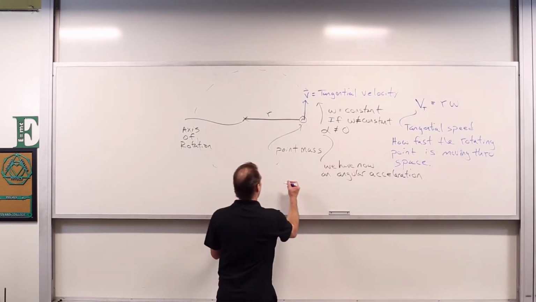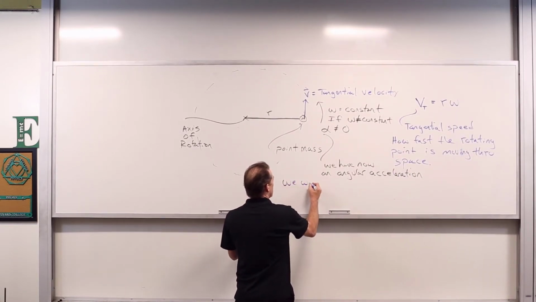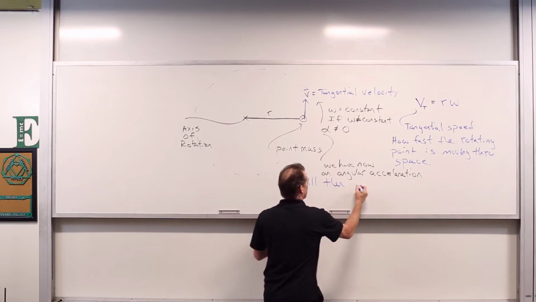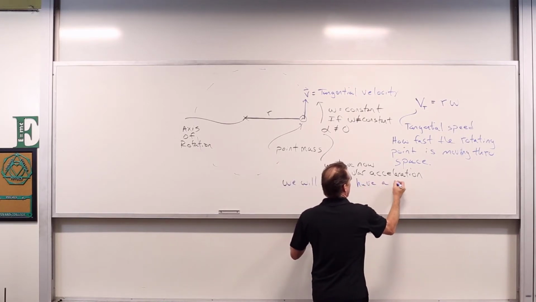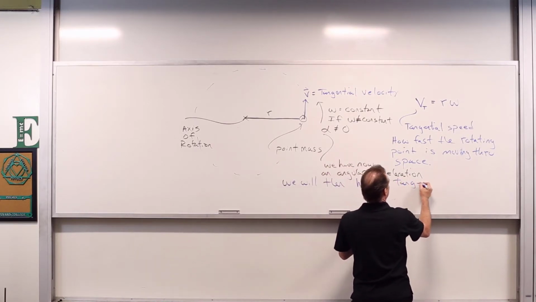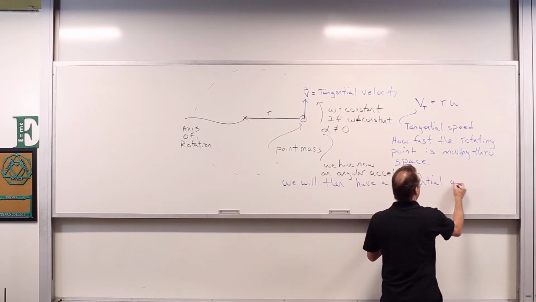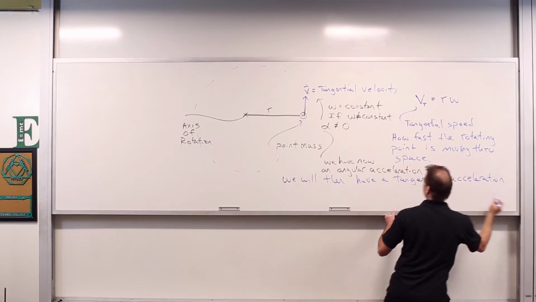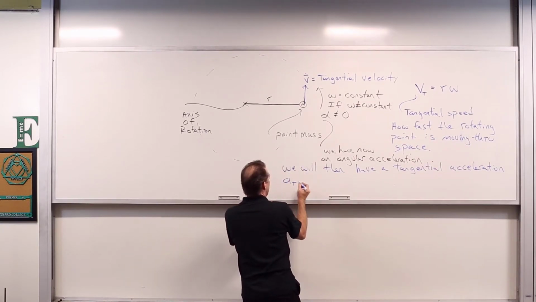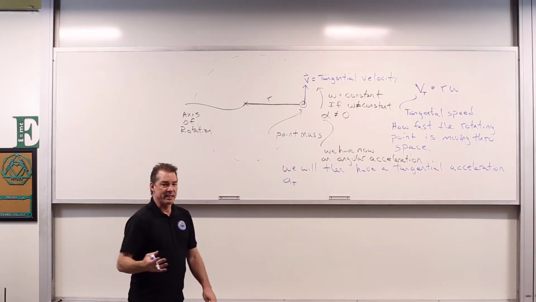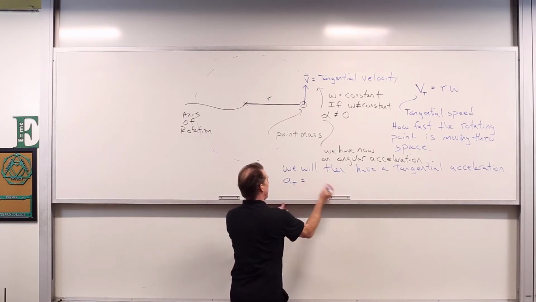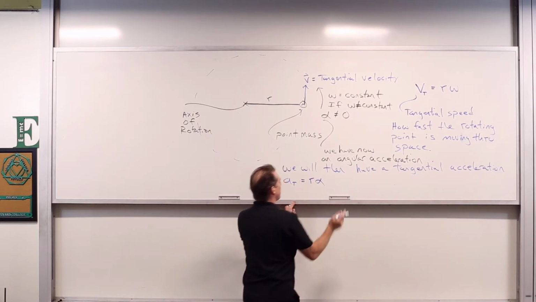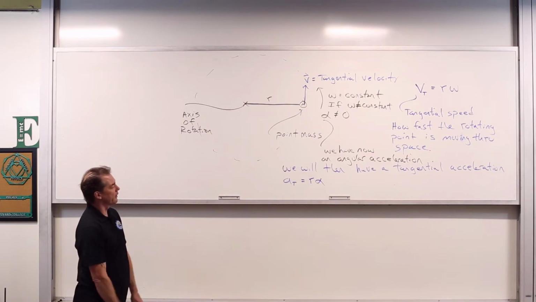So we will then have a tangential acceleration, which we'll call a sub t. And a sub t, well, again, is going to depend on what the angular acceleration is and the radius of the curved path that point is making through space.